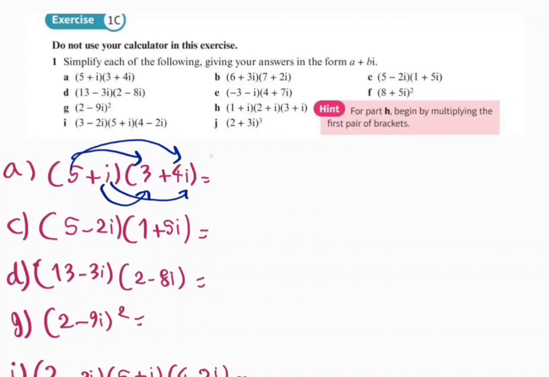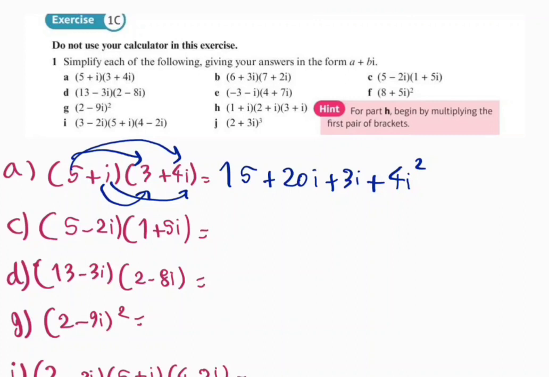So 5 times 3 is 15, 5 times 4i is 20i, i times 3 is 3i. And here is the only bit which is slightly different from the usual expansion, because i times 4i is positive 4i squared.